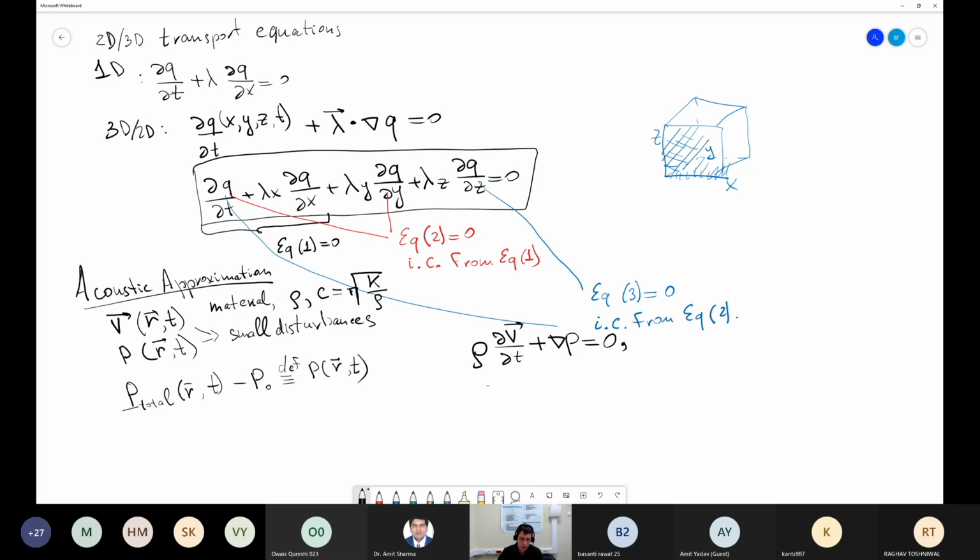And the second equation is d pressure over dt plus rho c squared multiplied by the gradient multiplied scalarly by the vector v is equal to 0.